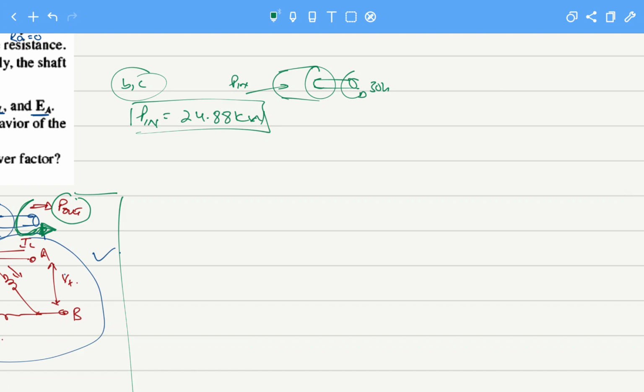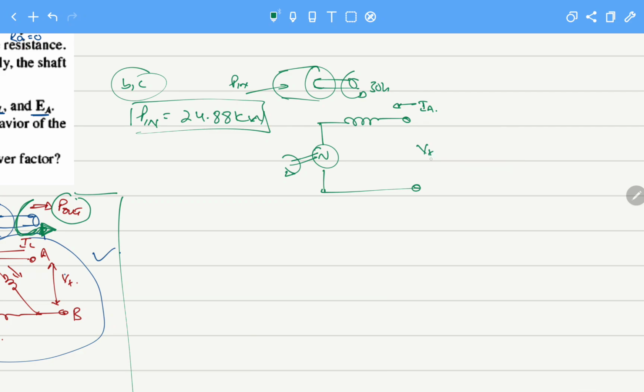Now for the synchronous machine with a certain per phase equivalent circuit, here is the circuit, and this is the IA.